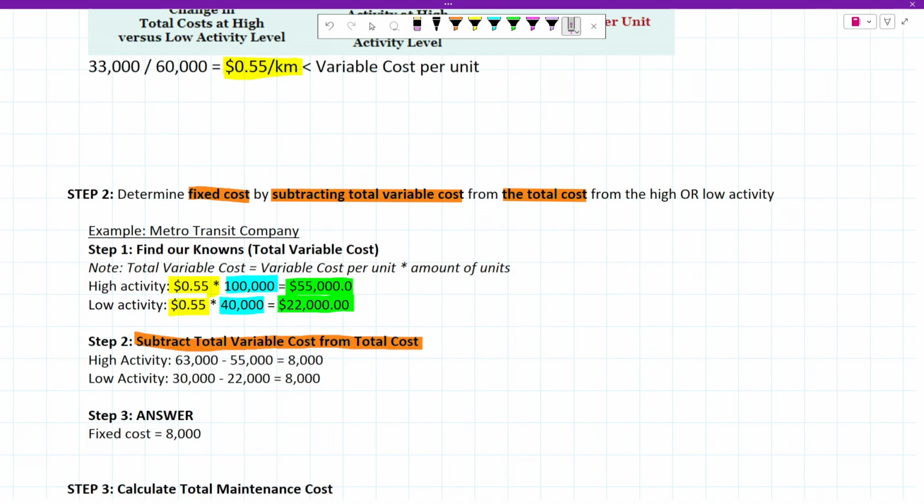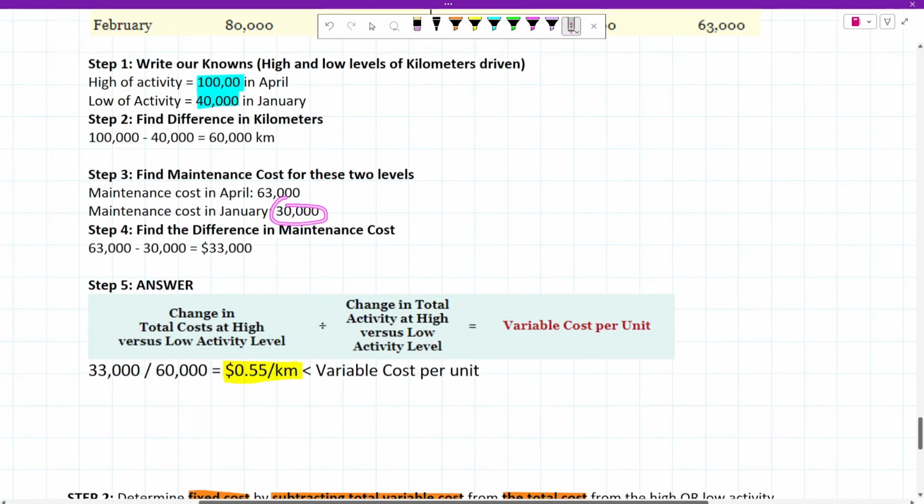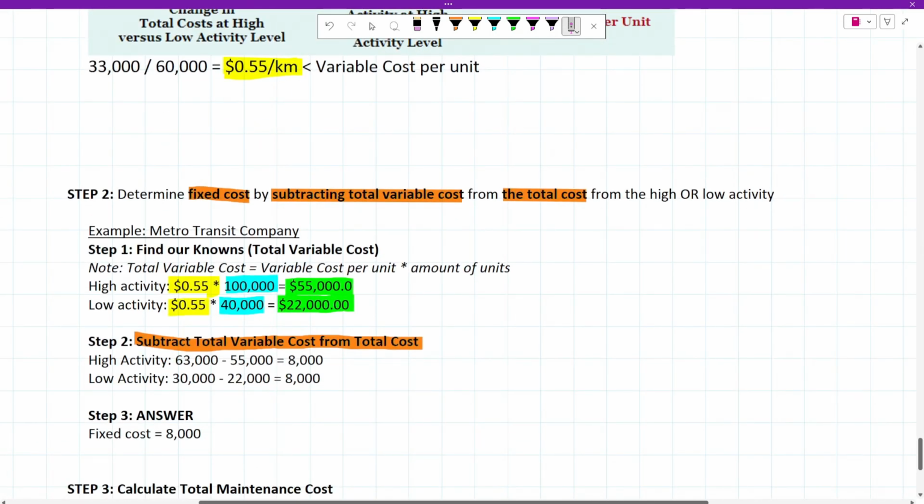And then we have 30,000, which is all the way up here, or where we got it from, minus our 22,000. And that gives us 8,000. So it's the exact same thing. So our fixed cost is always going to be 8,000.